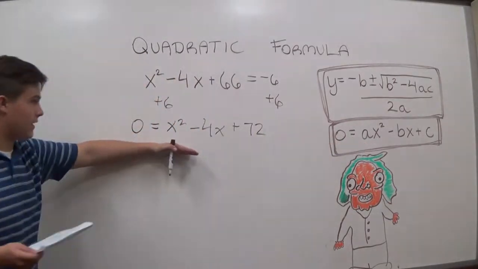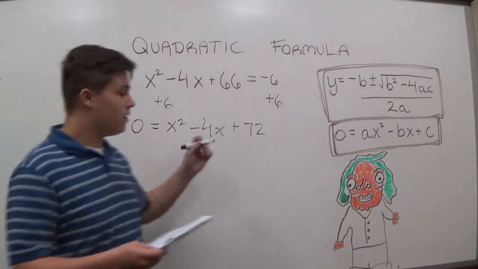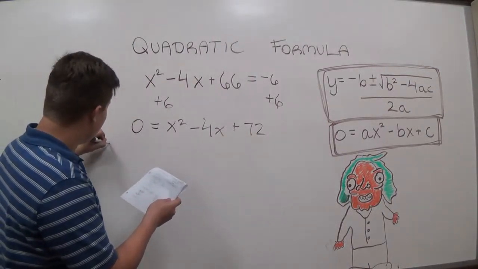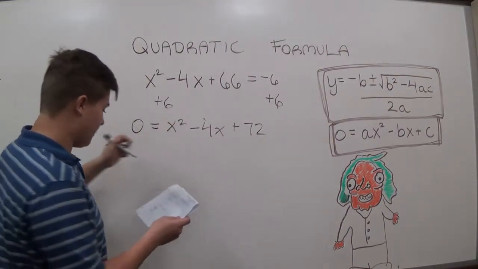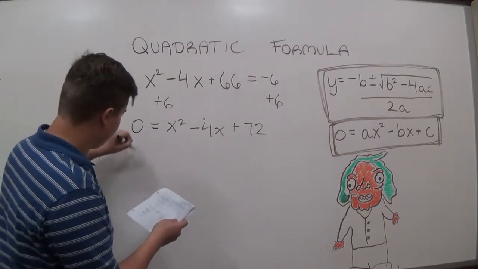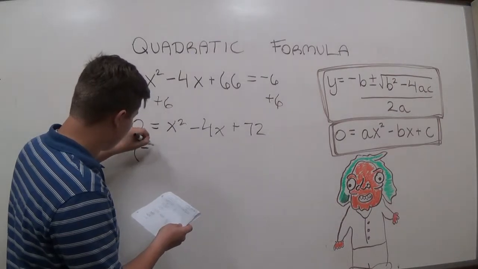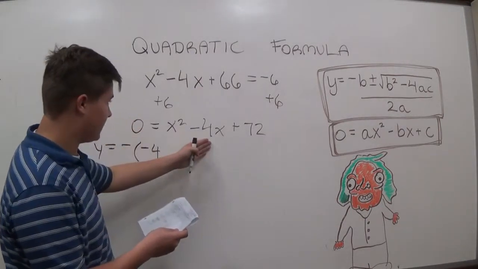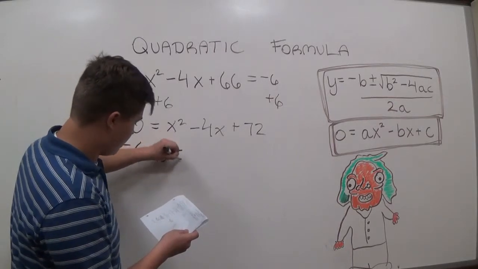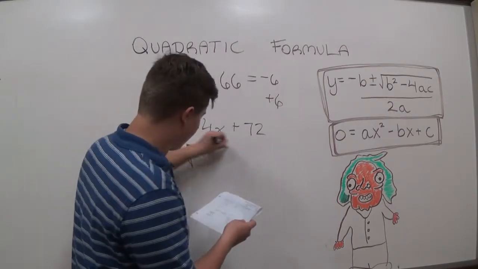So you have this equation, and you can compare it. We'll do x equals first. Negative, in parentheses, negative 4, which is right there. That would be b. Plus or minus, anyone tell me?